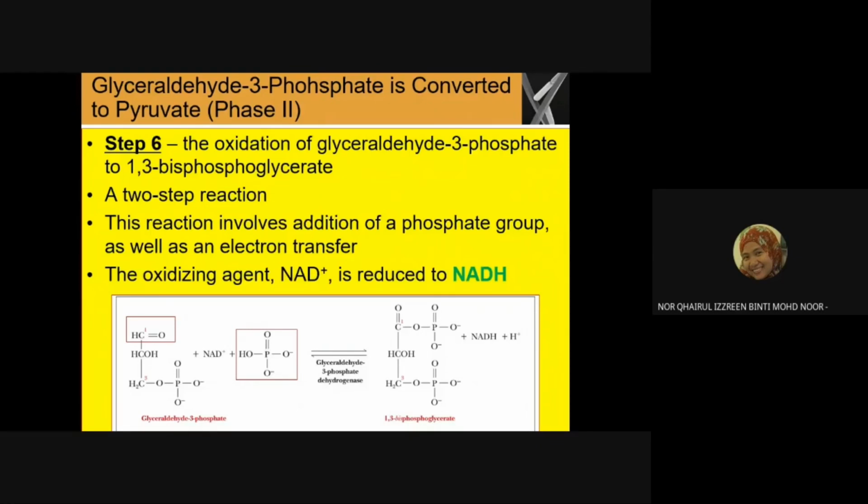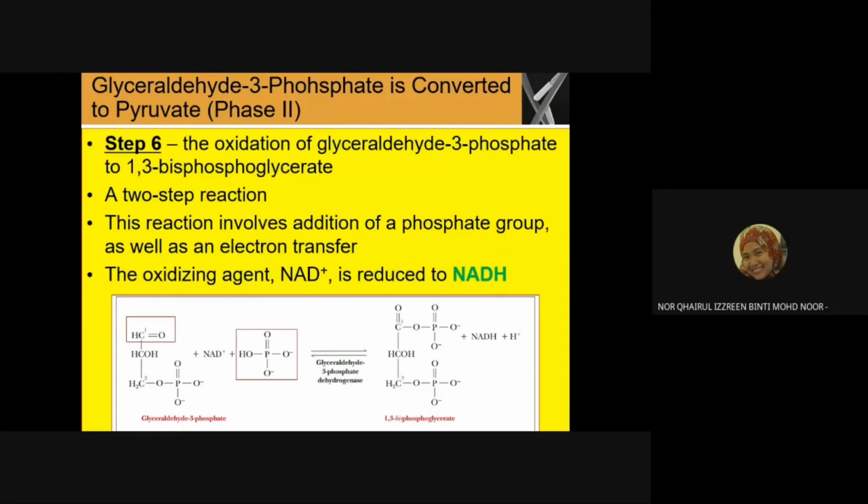Since it is the oxidation of glyceraldehyde 3-phosphate to 1,3-bisphosphoglycerate, there is another phosphate group at carbon number 3. Carbon number 1 has one phosphate group, and carbon number 3 has another.